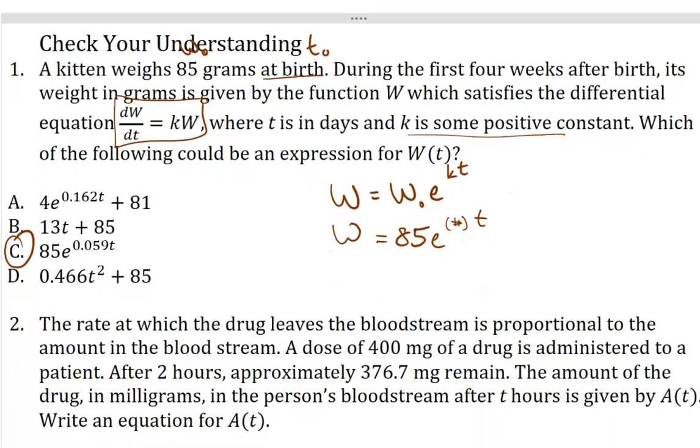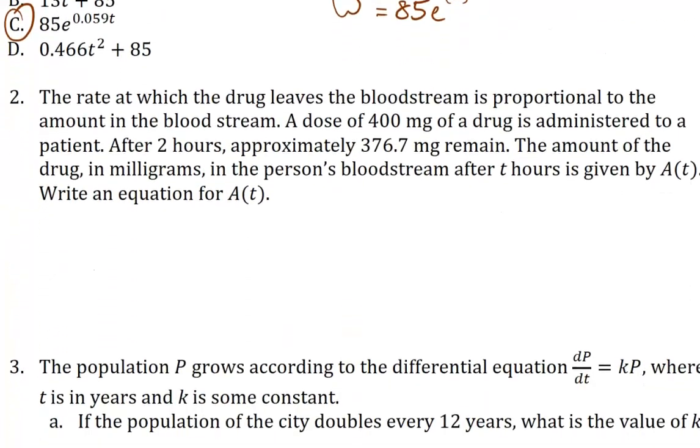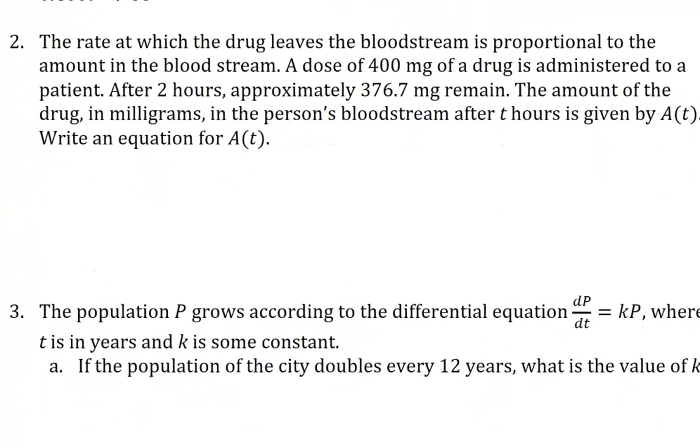I'm not solving anything here. I'm just recognizing that it's a law of growth problem, and I'm plugging that in. Okay, number two. The rate at which the drug leaves the bloodstream is proportional to the amount in the bloodstream. So the rate that it's leaving is proportional to the amount. Again, that's telling me it's a law of growth.